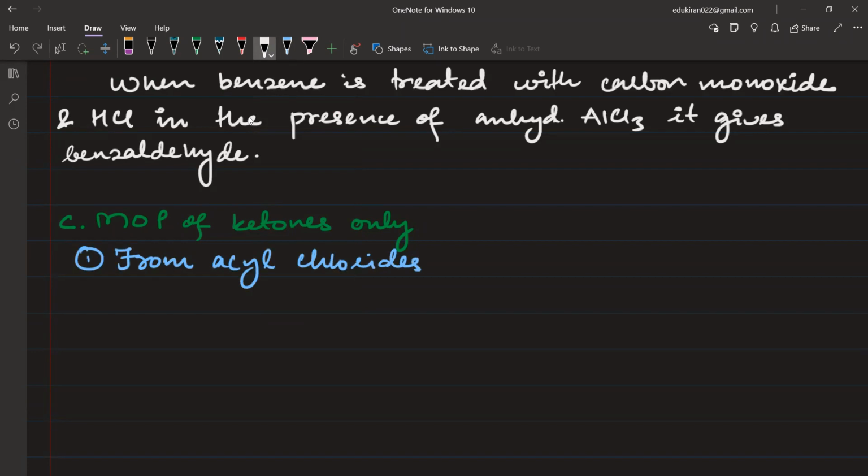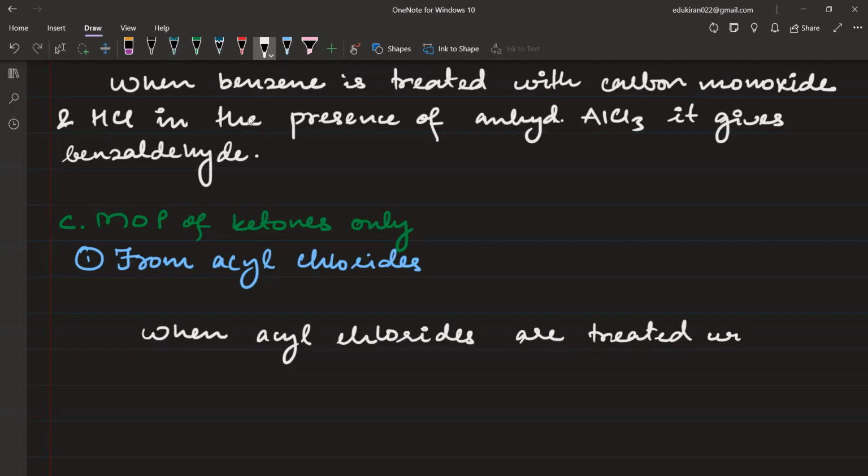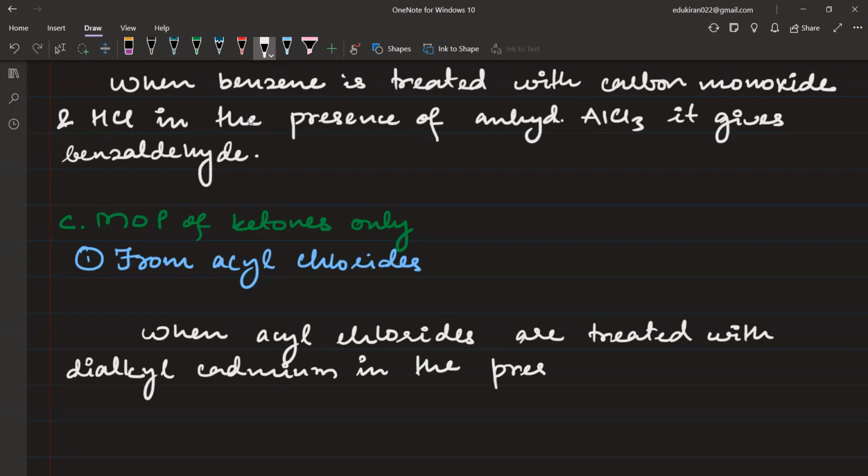Please write with me. When acyl chlorides are treated with dialkyl cadmium in the presence of dry ether, they form ketones.